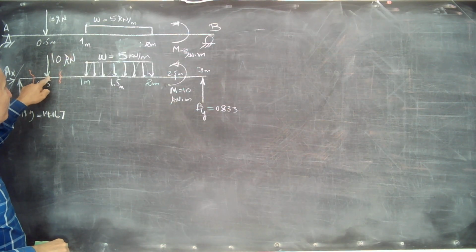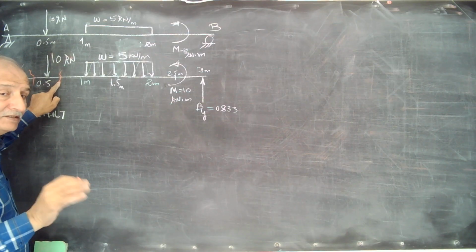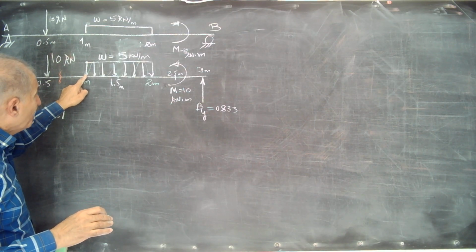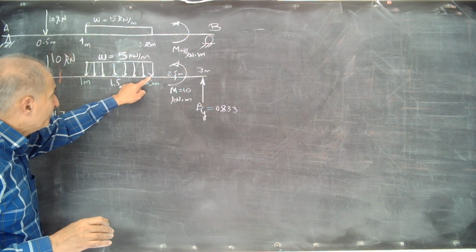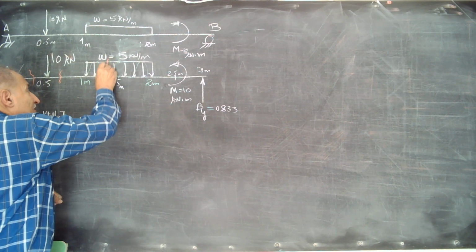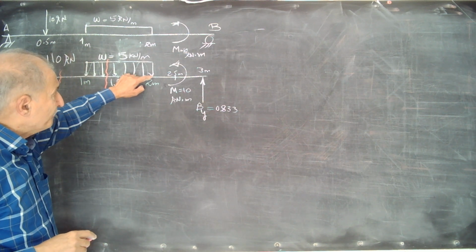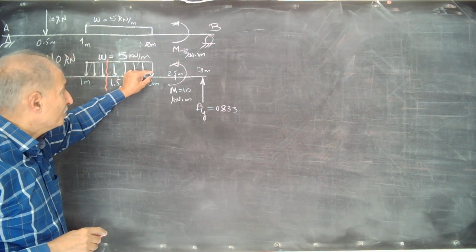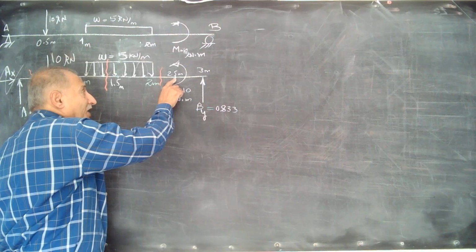From 0.5 to 1, nothing changes. This one cut is enough. But when we enter the uniform distributed load, it continues. Nothing is changing till 2 meters. Then only for this one cut also is enough. After we pass 2 meters, we see that the condition changes. No uniform loading. Then we need one cut till we reach 2.5.